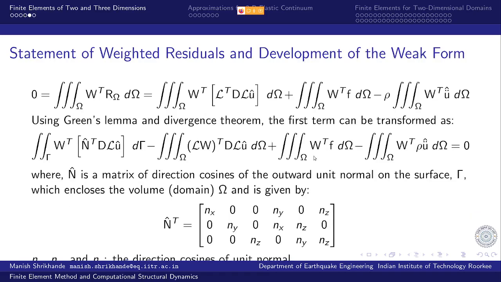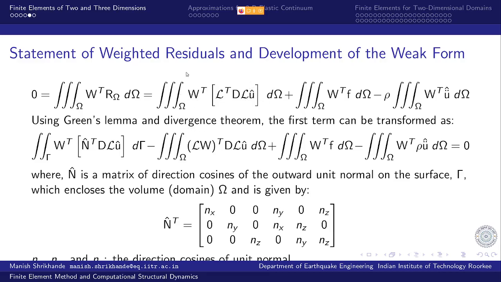statement of weighted residuals. So we multiply by some arbitrary weighting functions and integrate it over the domain of the problem, and term by term integration will lead us to the solution. And if we deal with this form, then that is the strong form of method of weighted residual.